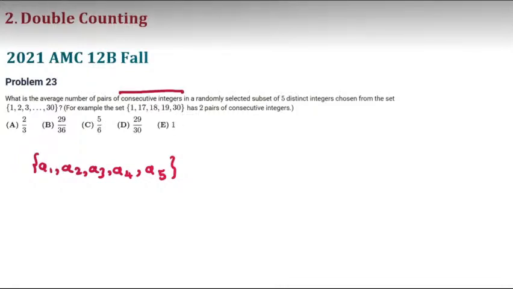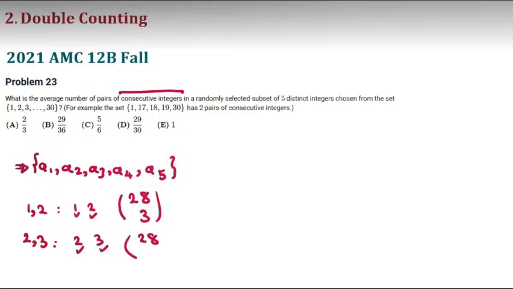It's hard. But if you calculate from consecutive integers, for example 1, 2, in how many of the subsets with 5 distinct integers do we see 1, 2? 1 is in the subset, 2 is in the subset, so you should select 3 from the others. It will be 28 choose 3. If you want to see 2, 3, it's also 28 choose 3. Maybe you say we count some subsets more than once.